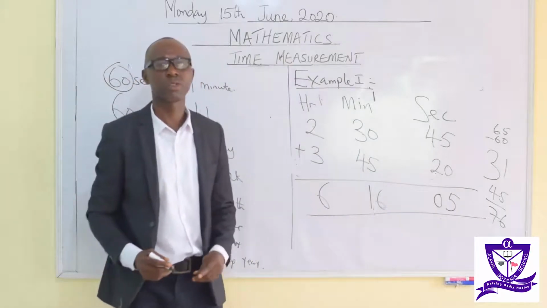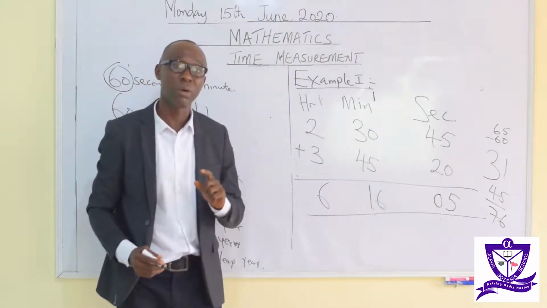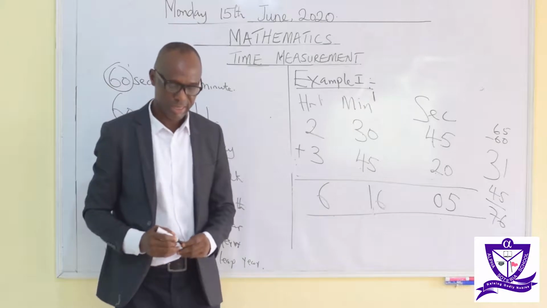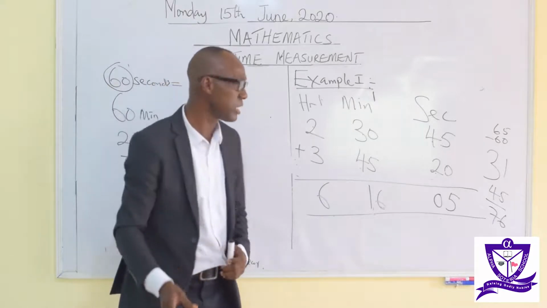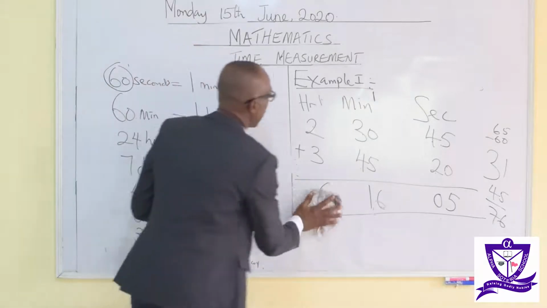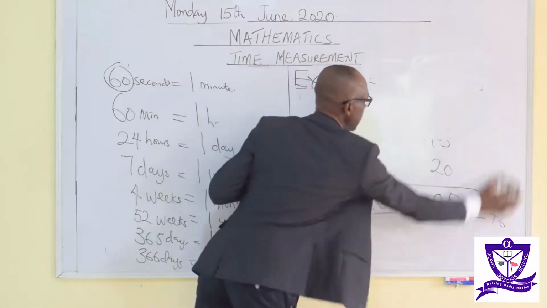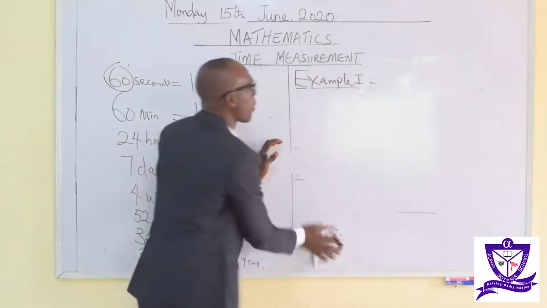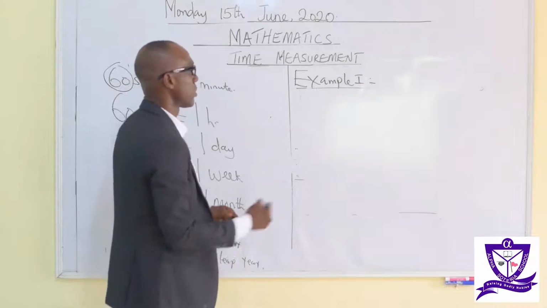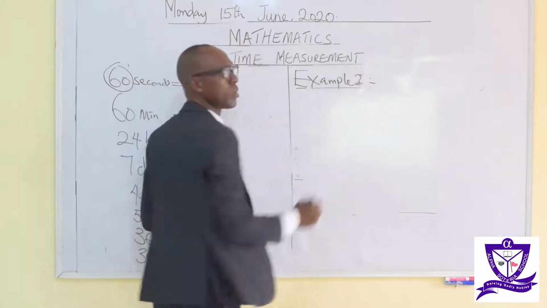That's my final conclusion. Can I give you one more example? Yes, let's apply one more example using the GMT. Example 2. This time around, I want to apply word problems in this example 2.